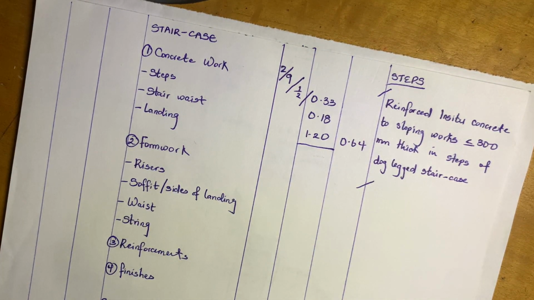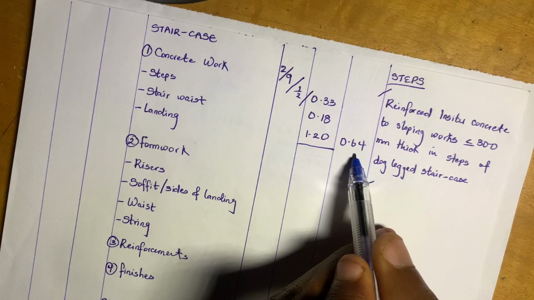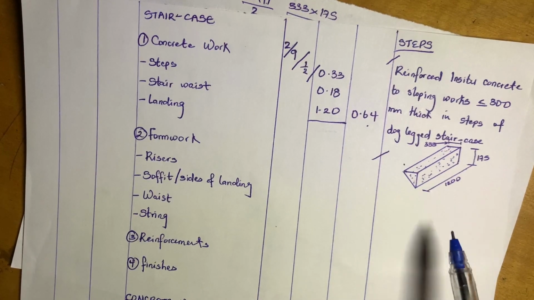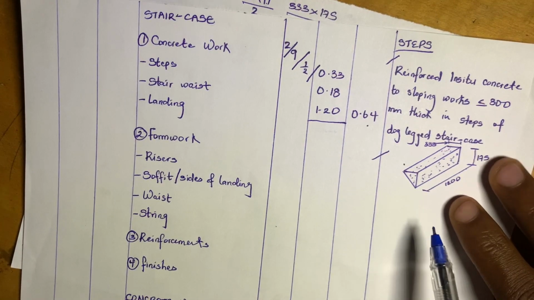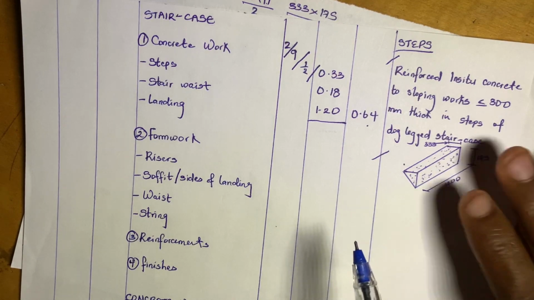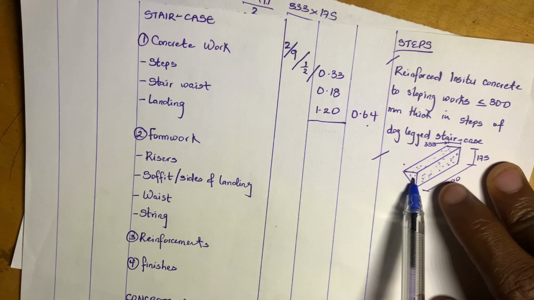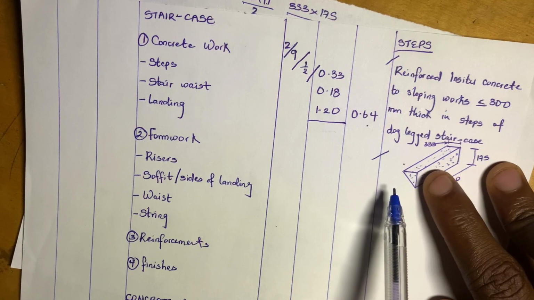So the volume of concrete for all the steps in the first flight and in the second flight is equal to what? This 0.64. So basically, in a pictorial or in a diagram, this is basically what we calculated as the step, as the volume of concrete for one step.